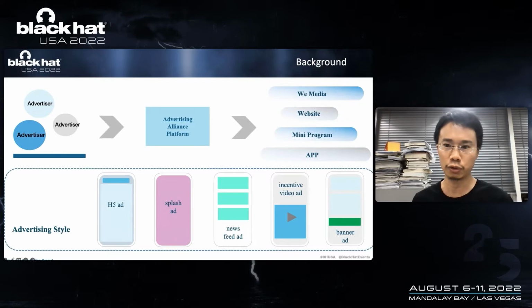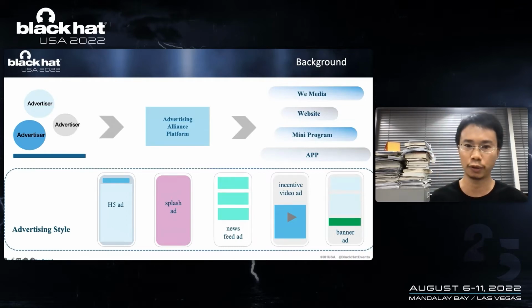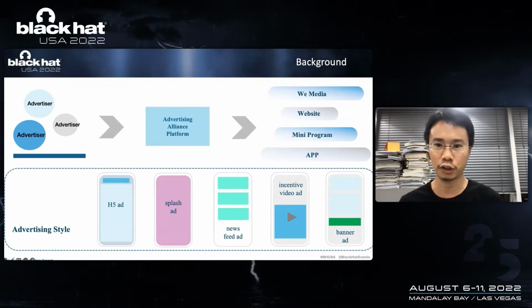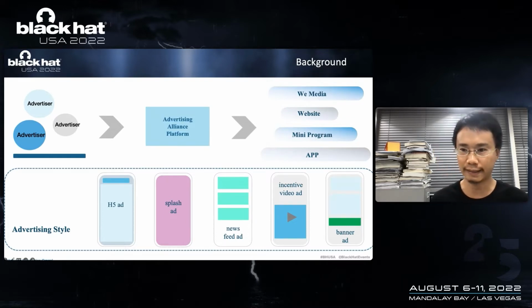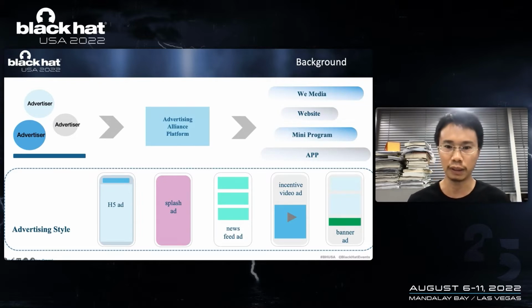First of all, let me introduce the advertising industry in general. According to the financial reports of global internet companies in the past years, the scale of the global advertising industry has reached hundreds of billions of dollars. Actually, advertising is the main business model for most internet companies.